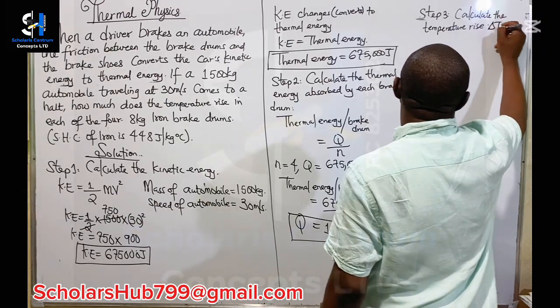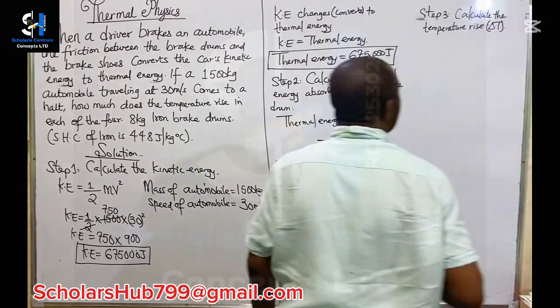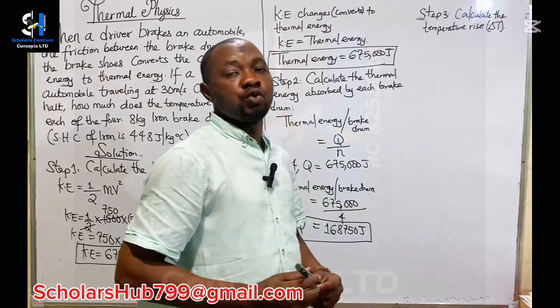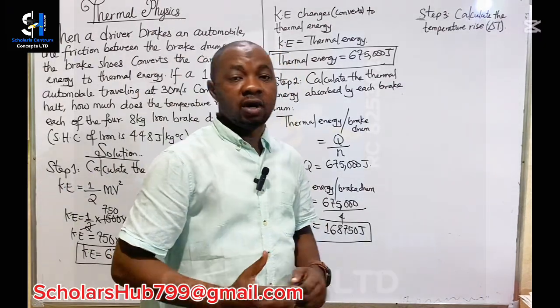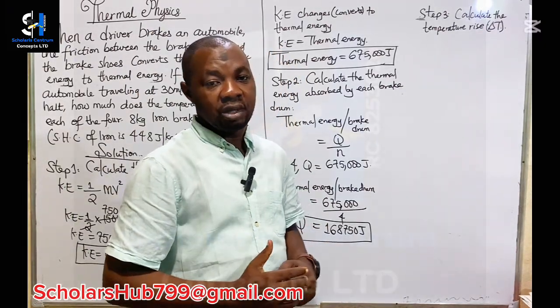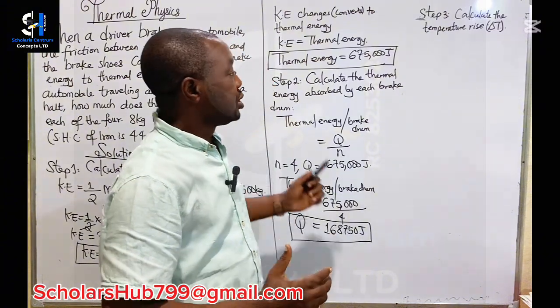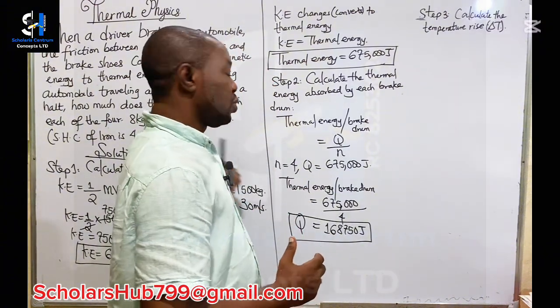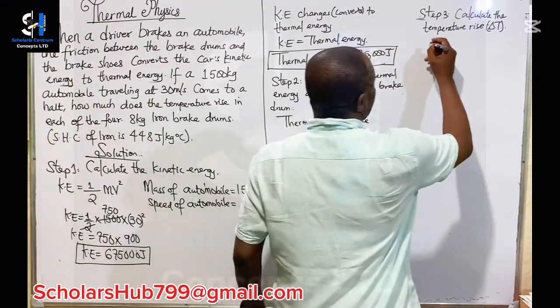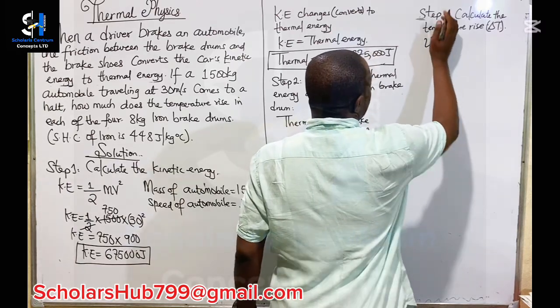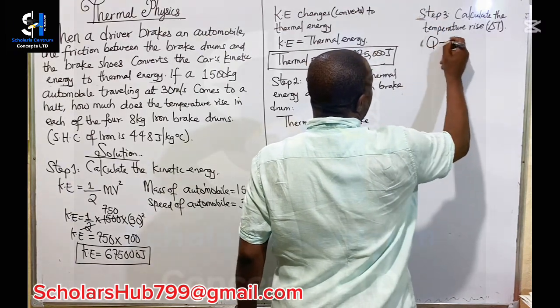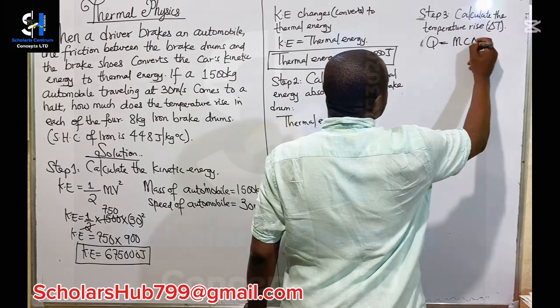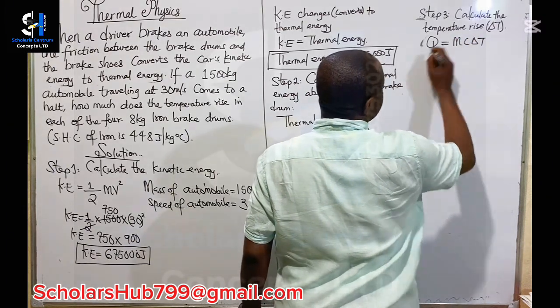That will be delta T. To calculate the temperature rise, we're going to use the formula for specific heat capacity, and we have the specific heat capacity of iron. So we use Q equals MC change in temperature.